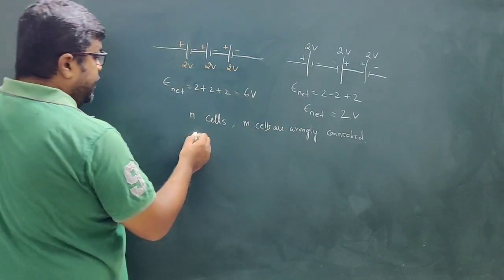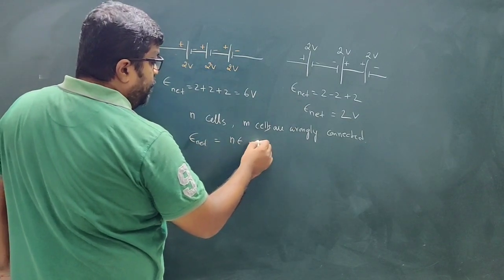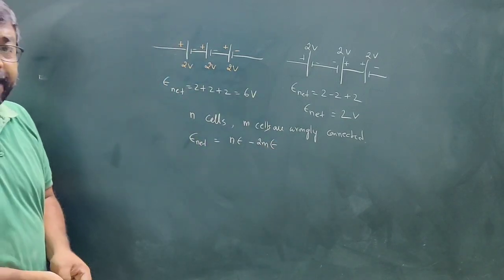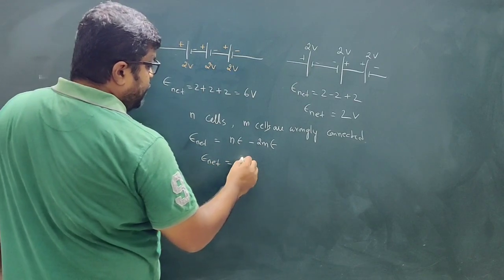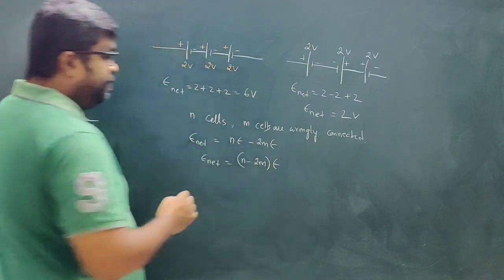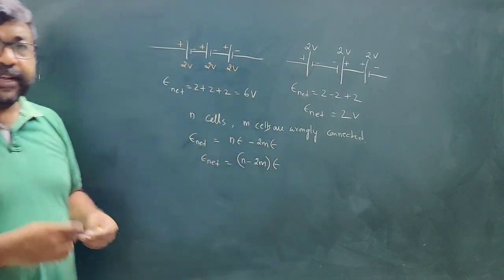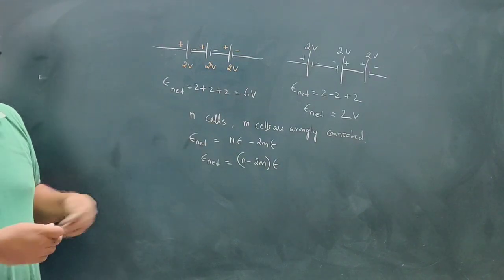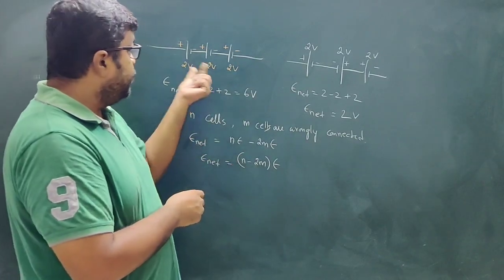So in this case, the net EMF will be equal to nE minus 2mE, such that E net I can write as (n minus 2m) times E. Again, we have assumed that the cells are identical, meaning the EMF is the same for all and the internal resistance is also the same. You can verify it.